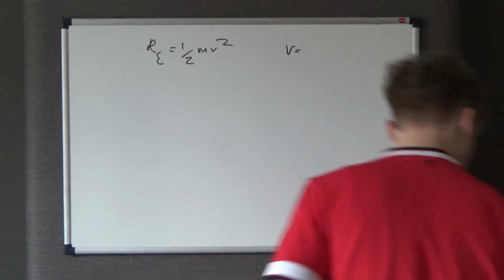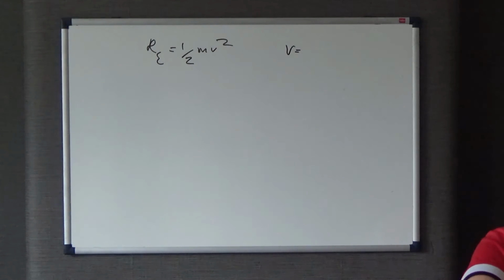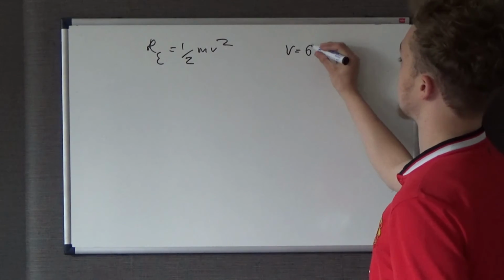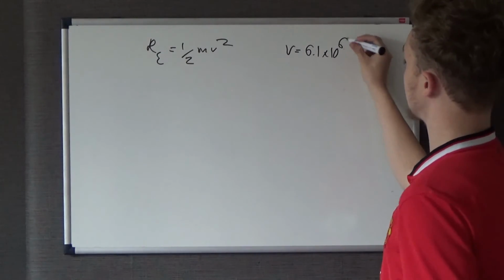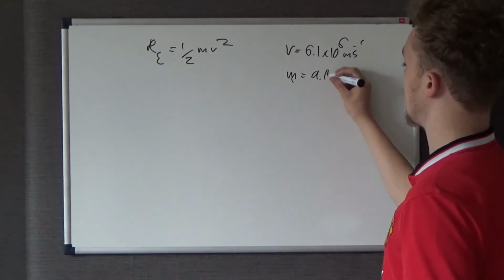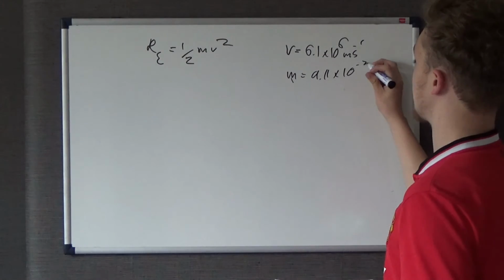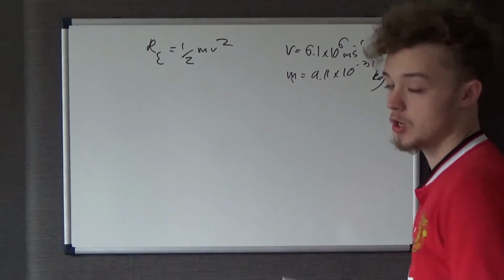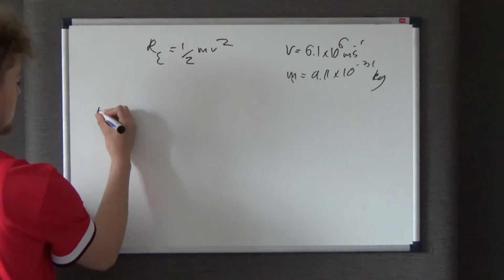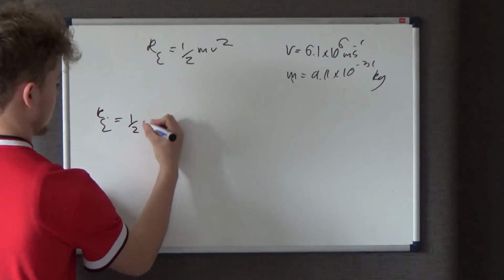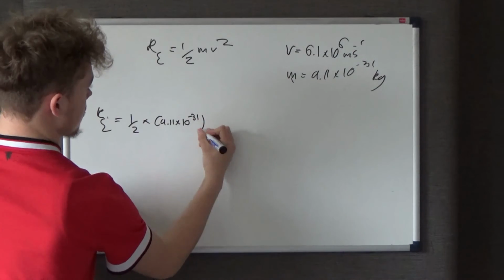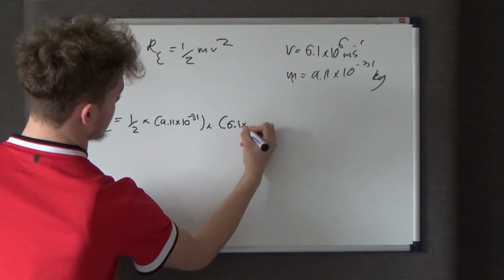Okay, and the velocity of the electron was, you'd think I would remember this, 6.1 times 10 to the 6 meters per second. Okay, and obviously we know the mass of the electron, 9.11 times 10 to the minus 31 kilograms. Okay, so just sub those numbers into the kinetic energy equation. It's very, very simple, 2 marks: half times 9.11 times 10 to the minus 31 times v squared, 6.1 times 10 to the 6.